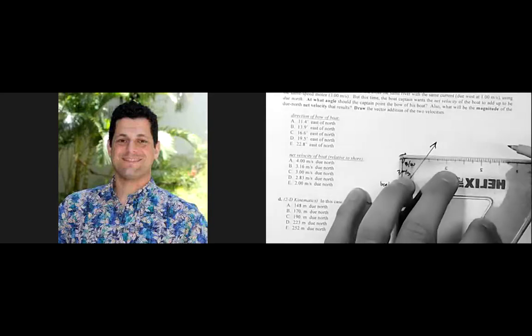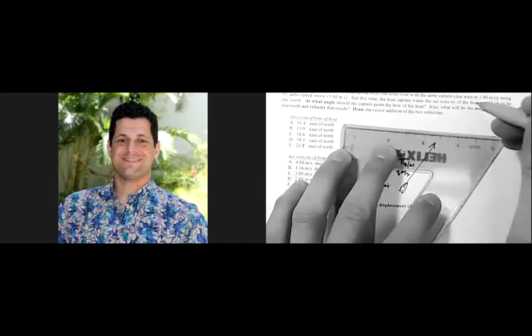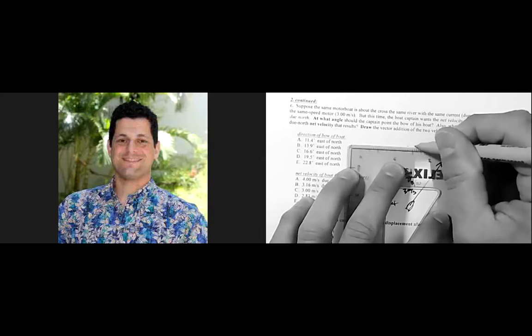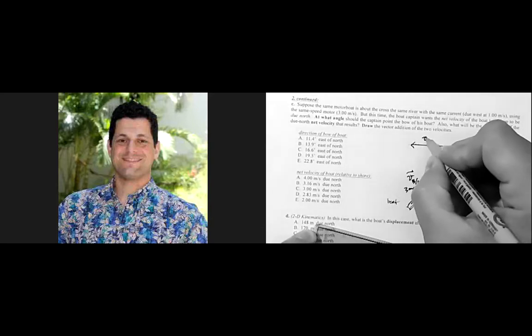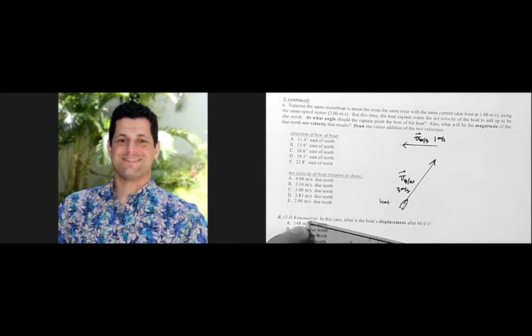We're going to calculate what that is once we do the vector sum. The river has not changed at all. I'm just going to put the velocity of the water with respect to the shore up here to save space on the page. That's the current, and it's still 1 meter per second due west.